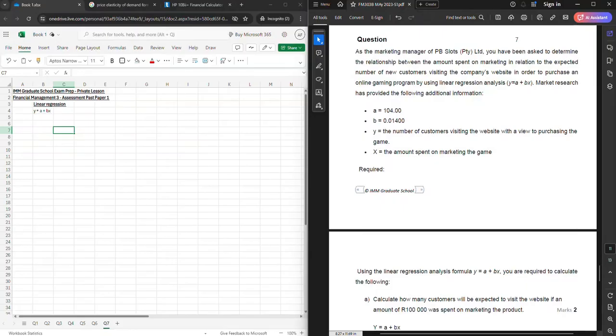B is the coefficient, meaning the proportion that is converted to sales, and X is the marketing expenditure. And then they'll say, like, if they want to turn around X amount of customers, what's their marketing?